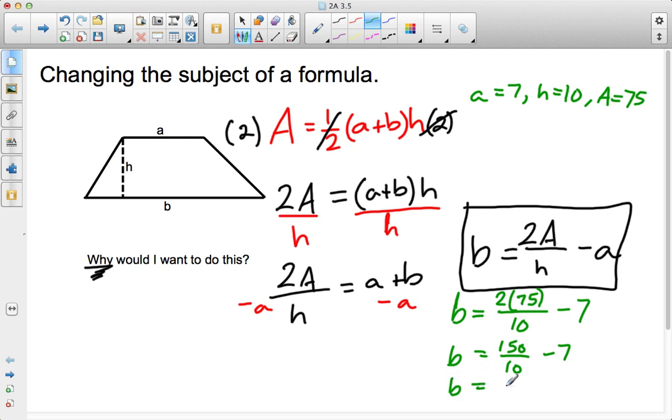So b equals 15 minus 7, or, as we squeeze it in over here in the corner, b equals 8. So changing the subject of a formula allows me to move values around, move unknowns, so that my answer doesn't require any shifting around later.